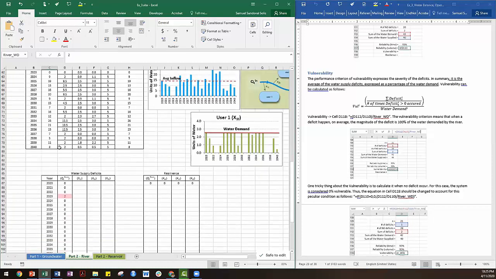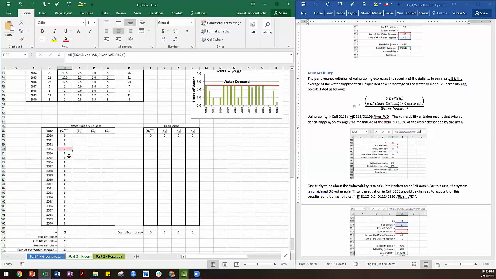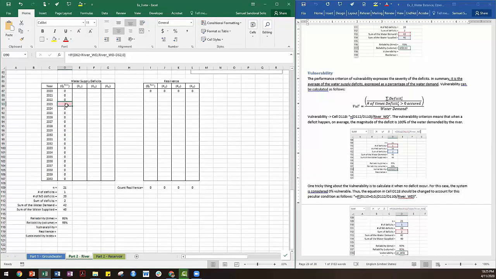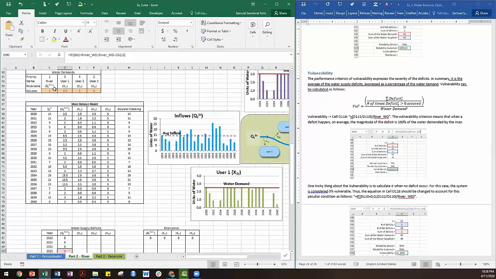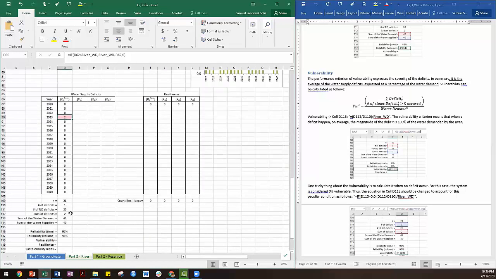In this case, the average of the deficits is 2. These are the deficits, only 2 that are occurring here. And 2 over 1 is 2, so that's the average. Then if you divide 2 over 2, which is how this average deficit compares to this water demand, then in this case it will be 100%.